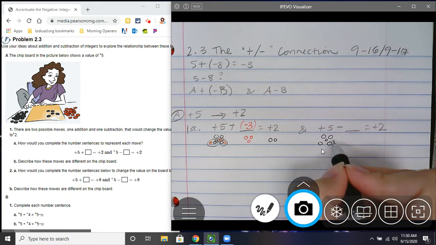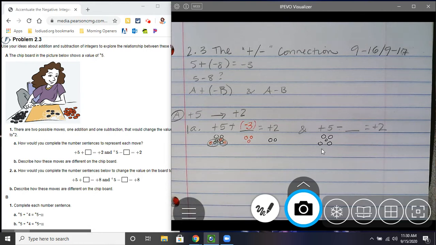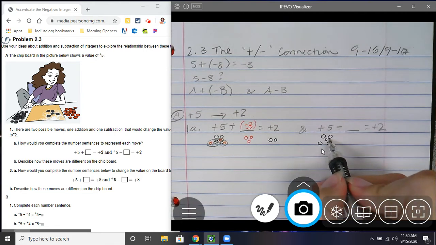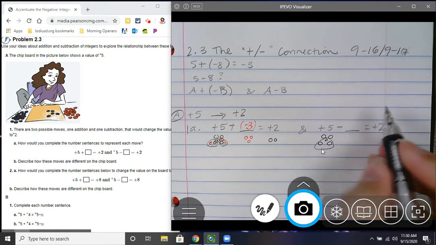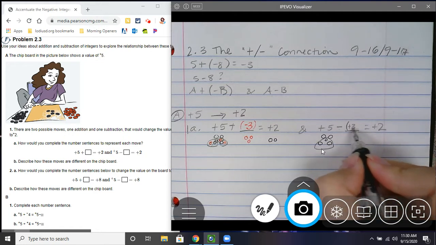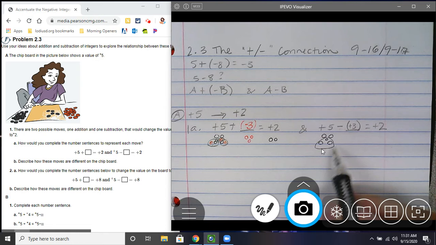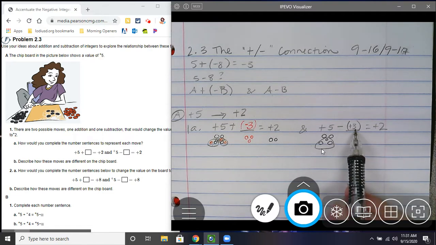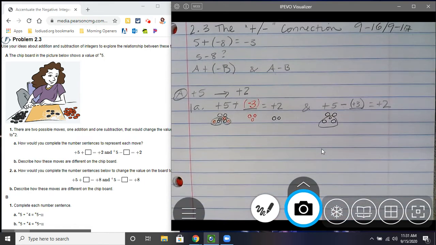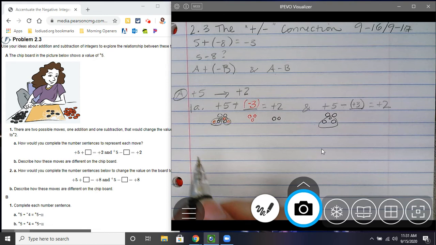So if we take away 3 black chips, we have 2 left over. So it's now +5 minus +3. So that's the difference that they want you to see.